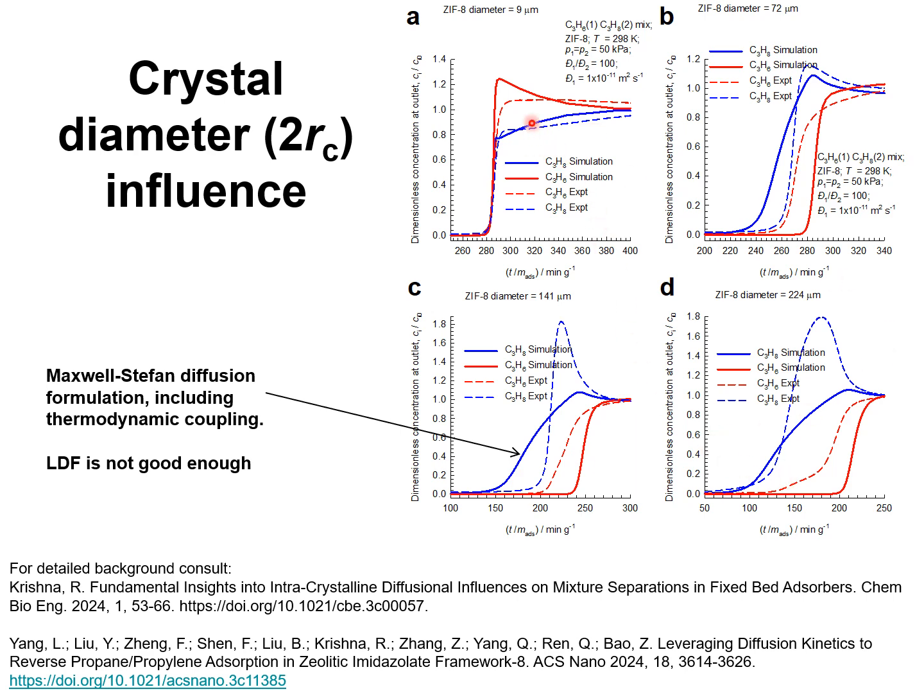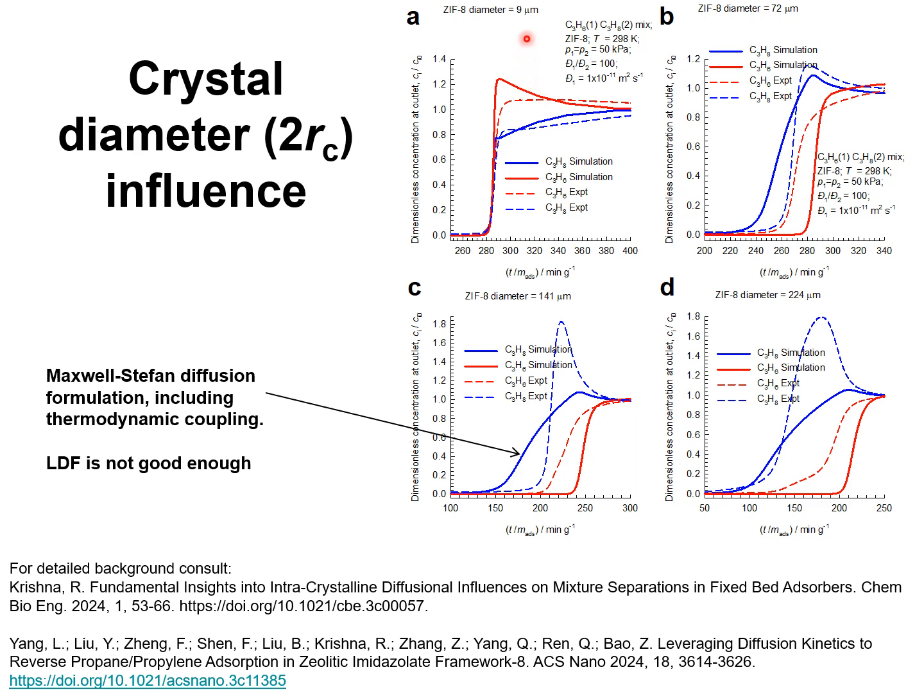The red line indicates the breakthrough of propene, and the blue dashed line indicates the experimental data for breakthrough of the saturated propane. For a particle diameter of 9 micrometers, 72 micrometers, 141 micrometers, and 224 micrometers.